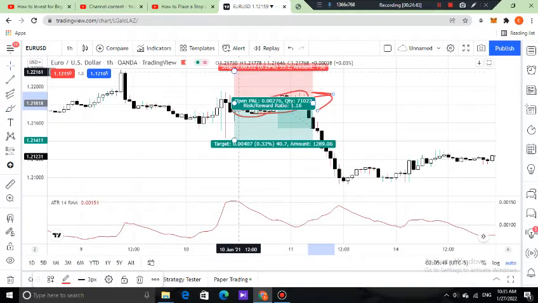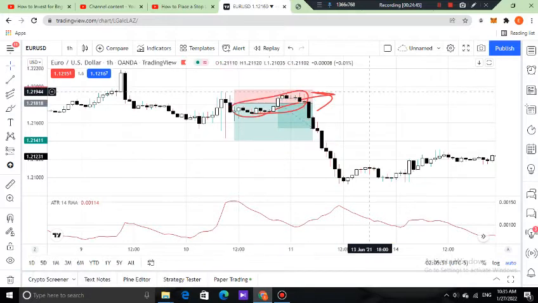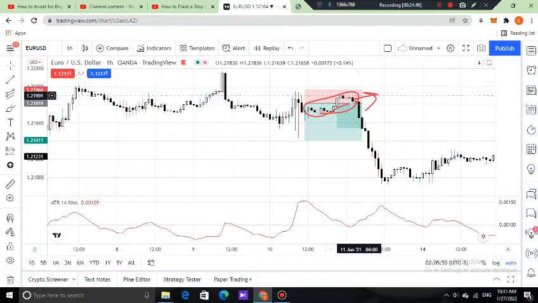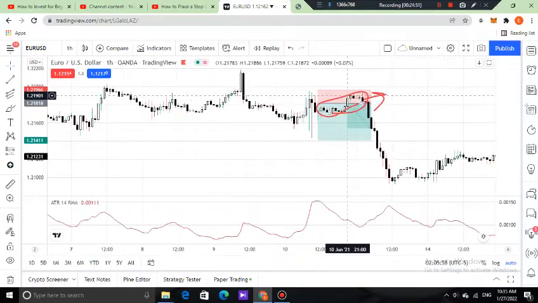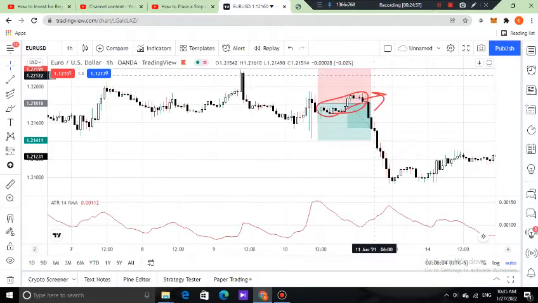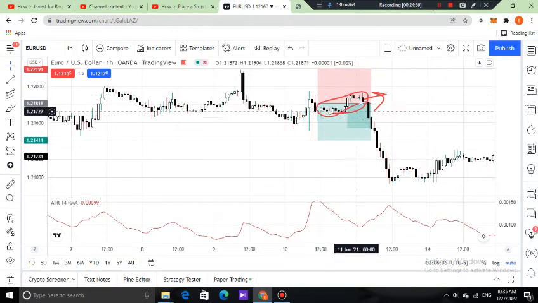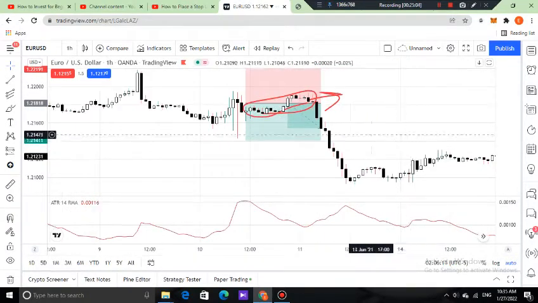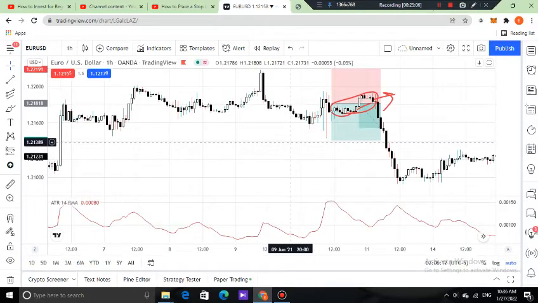I consider a small stop, and even if there's a pullback, I don't care. I want to get out of the position and I will go for another position. But a swing trader says no, I consider a wide stop because I'm patient and I don't care. I just wanna take profit. I don't wanna stop out.